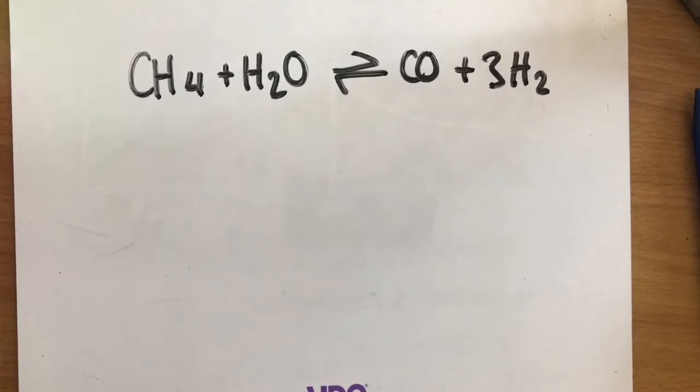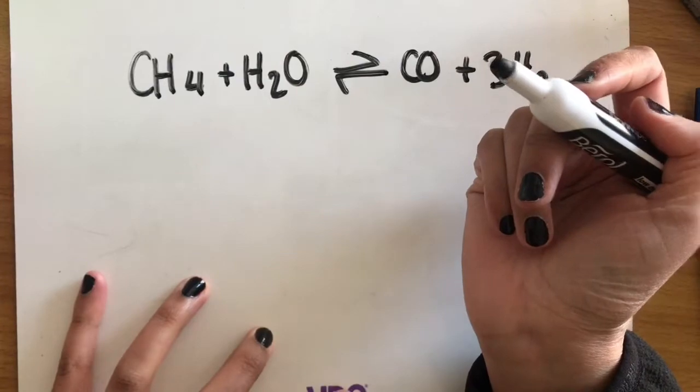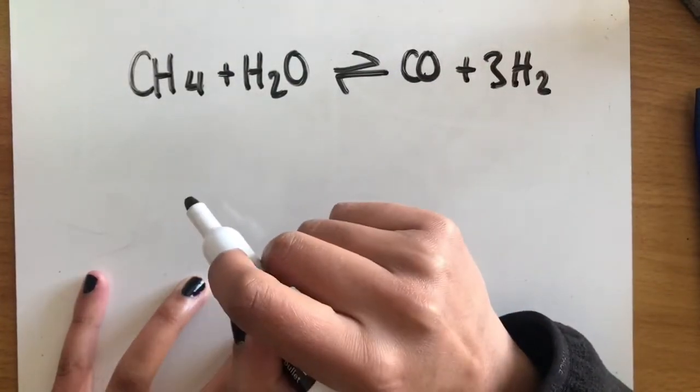Okay, question 2. Hydrogen can be manufactured by the reaction of methane with steam. An equilibrium is established as shown by the equation. So use Le Chatelier's principle to predict the effect on the equilibrium yield of hydrogen if the overall pressure is increased. So when a question is asking about pressure, you've got to work out the number of moles on both sides.